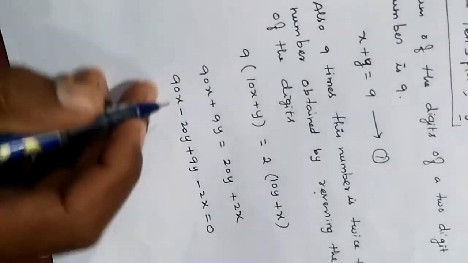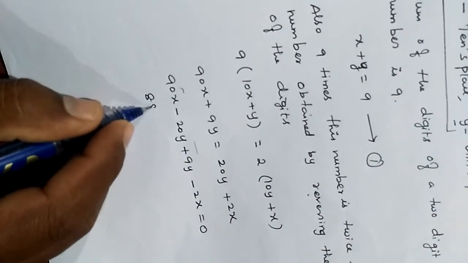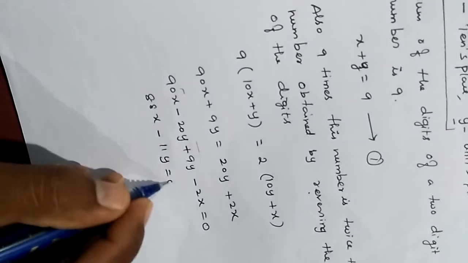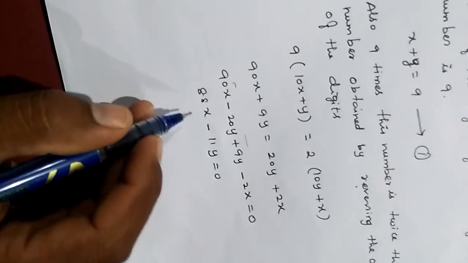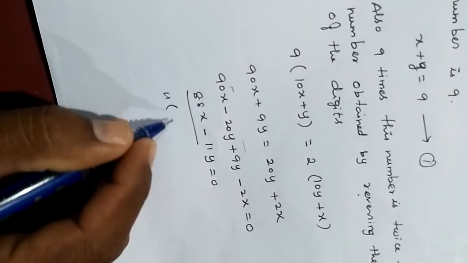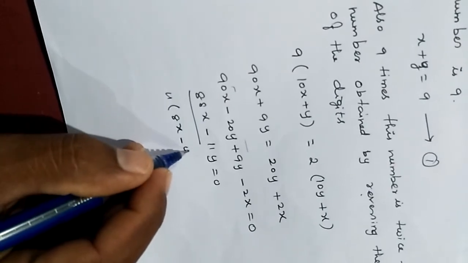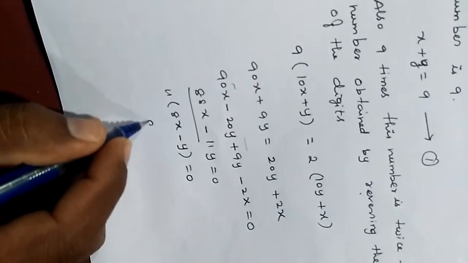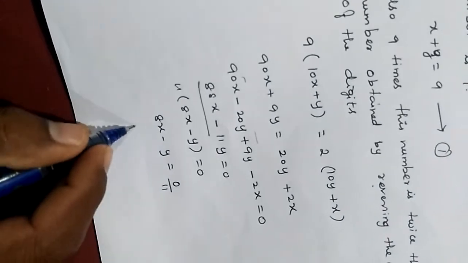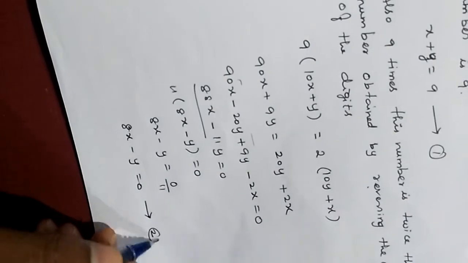Just simplify this, and you will get 88x minus 11y equal to 0. If you want to simplify this equation further, take 11 common outside: 11 eights are 88x, 11 ones are 11y, equal to 0. Dividing 0 by 11 gives 0. So 8x minus y equal to 0 is equation 2.